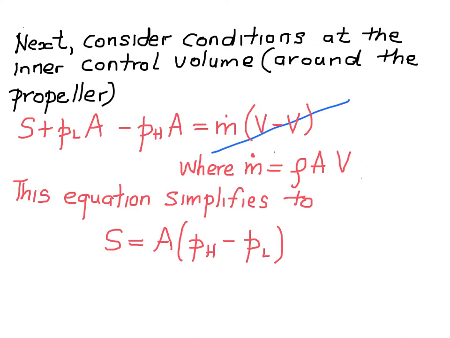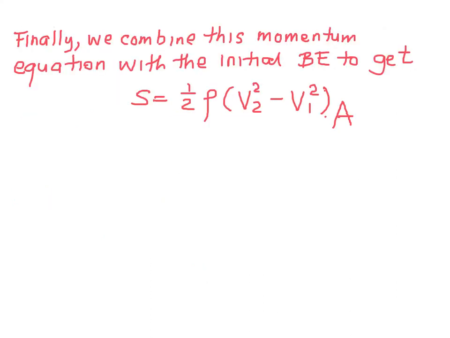So this will create a reaction equal and opposite on the propeller to move it according to the diagram from right to left. Finally, we combine this momentum equation with the initial Bernoulli equation to get our first answer.